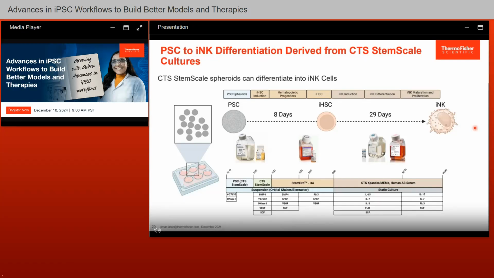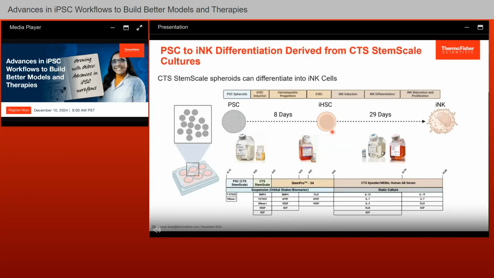And so in this particular protocol, we outline the differentiation of PSCs into NK cells using our CTS StemScale media in just about 5 weeks or so, where we slowly transition those CTS StemScale spheroids that you see here into a hemopoietic progenitor state in about 9 days by culturing these cells in different basal medias and different peptide-tech cytokines that are going to help with this initial induction into a hemopoietic state.